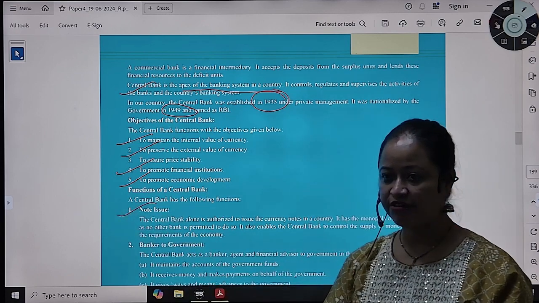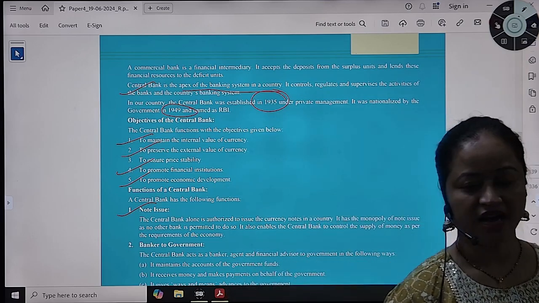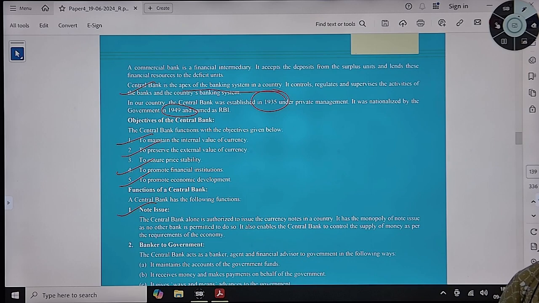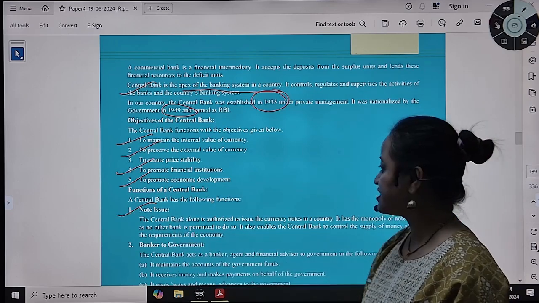Last class we discussed note issue. Currency notes are issued by the central bank, except the 1 rupee note and coins, which are issued by the Government of India, Ministry of Finance.